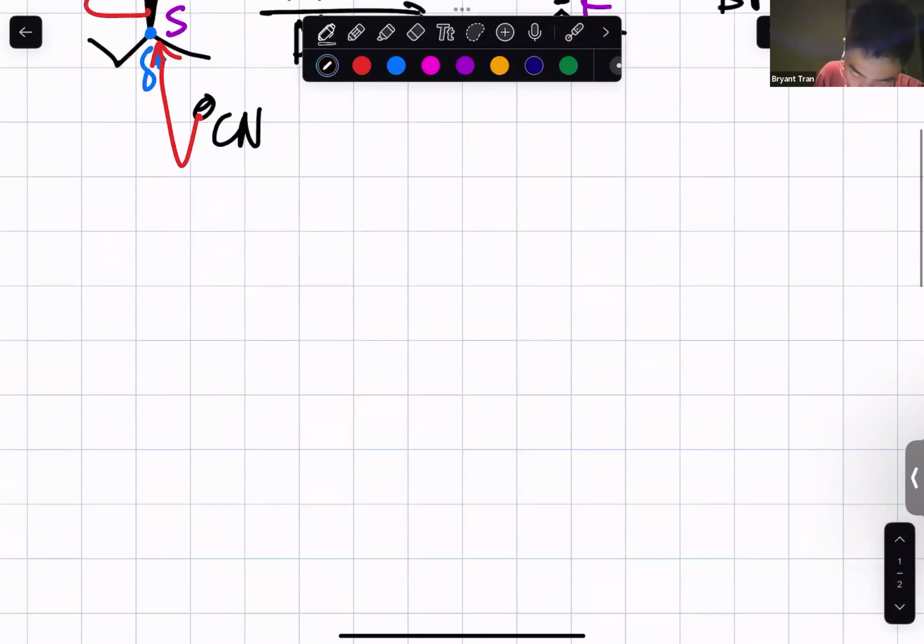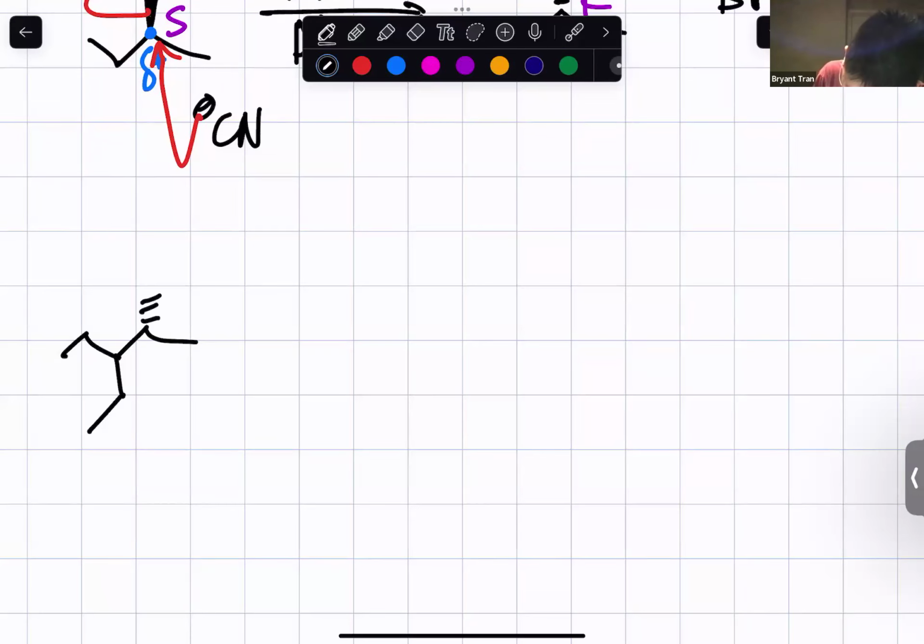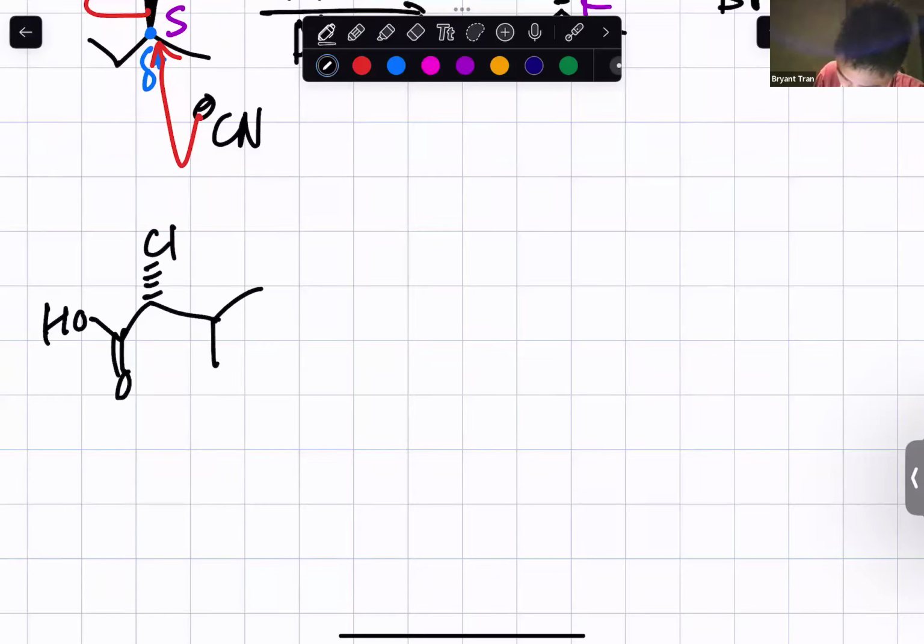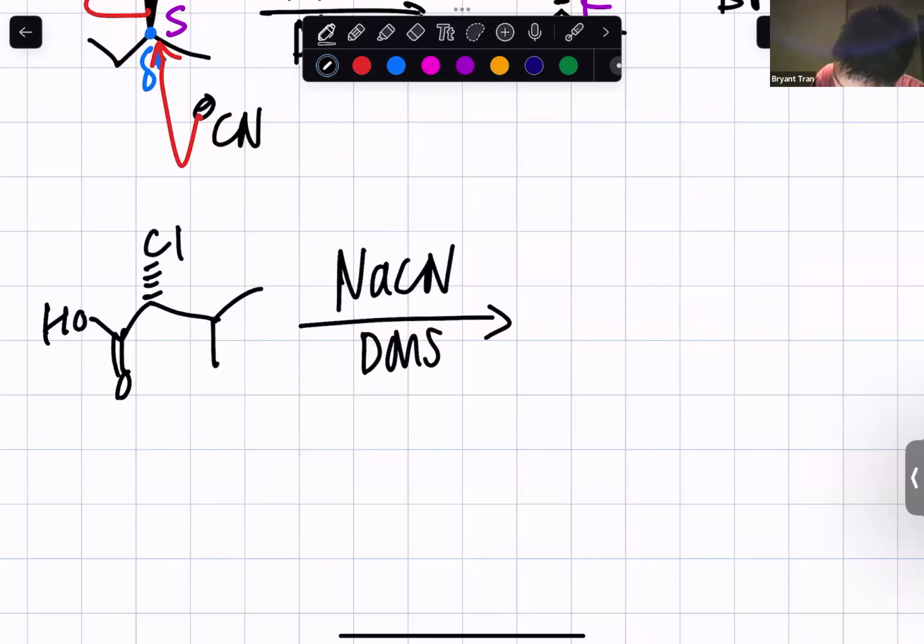That's not always the case because let's say, for example, we have something like this. Let's do this right here. Okay, and let's do NaCN in DMSO.